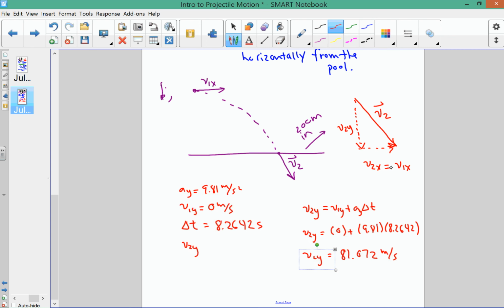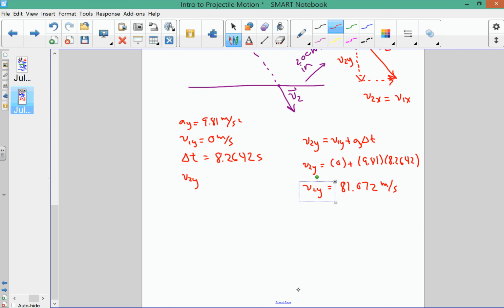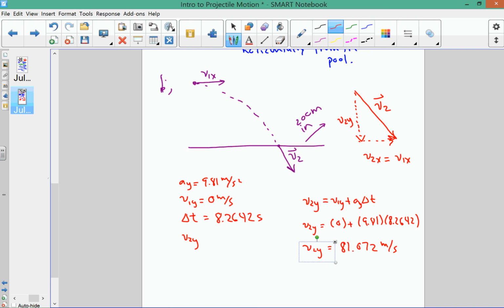So now we know v2y, and we know the x component, which is the same as our original x velocity. We have enough information to solve for v2. We can use this triangle here to say the magnitude of our velocity is the square root of v2y squared plus v2x squared.